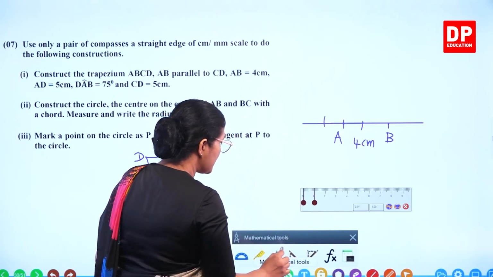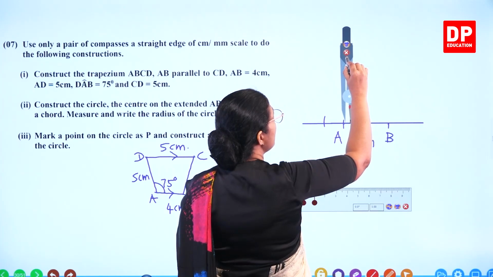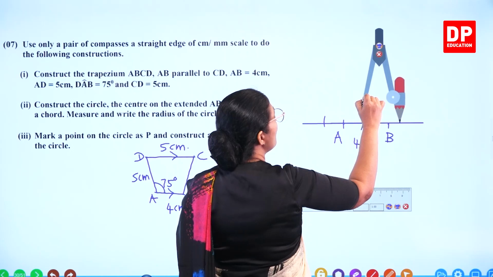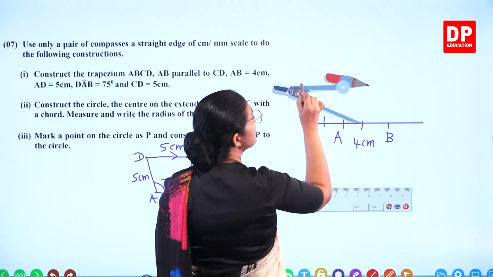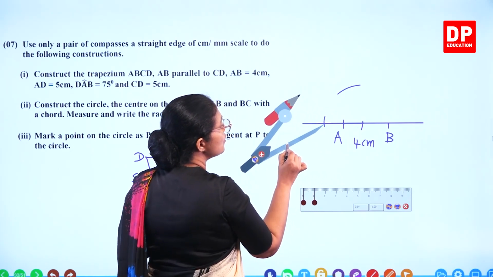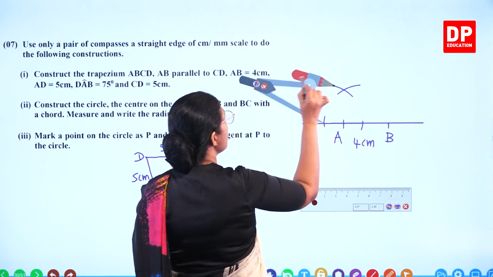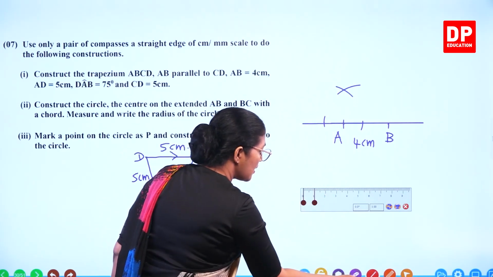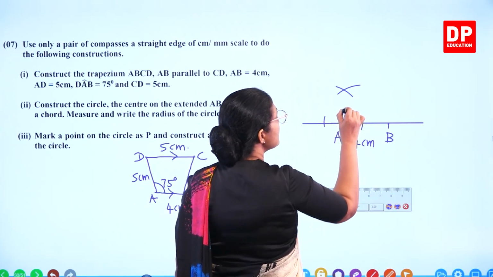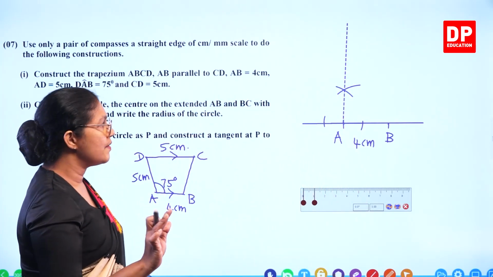Now take the compass and you can take any length here. Keep on top of the marked arc and draw the other 2 arcs. So this is a 90-degree angle. Connect A with the intersecting point. This is 90, so I use the broken line because I don't want to draw the 90-degree angle.